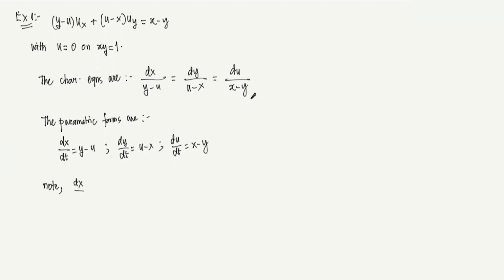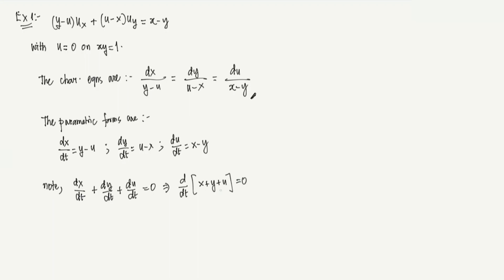Essentially, if you look at it, dx/dt + dy/dt + du/dt = 0. If you add all of these three up, it's going to be 0. Clear? And what does that imply? Since this is linear, d/dt of (x + y + u) is 0.